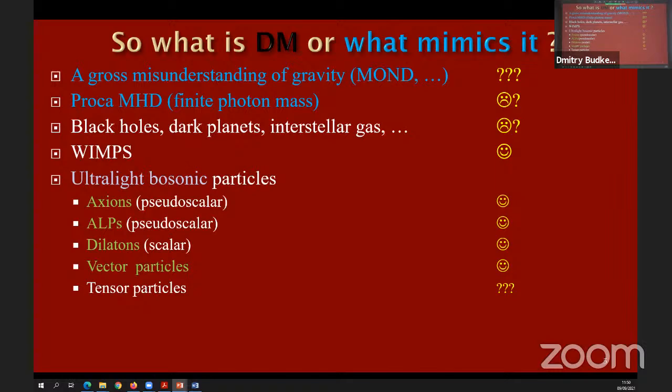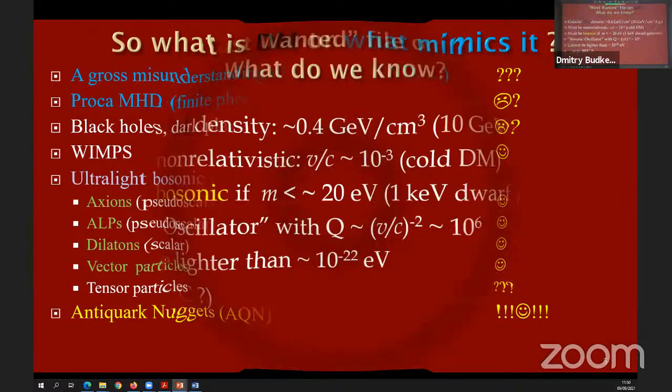Then there are vector particles, spin 1 particles, like a photon is a spin 1 particle. So these are typically called dark photons or hidden photons or something. And then there could be higher spin particles, but people don't really talk about these very much because the theory gets complicated and not for any other particular reason. And then there is this whole different paradigm of axion quark nuggets or anti-quark nuggets, and if we have time, I'll tell you about them.